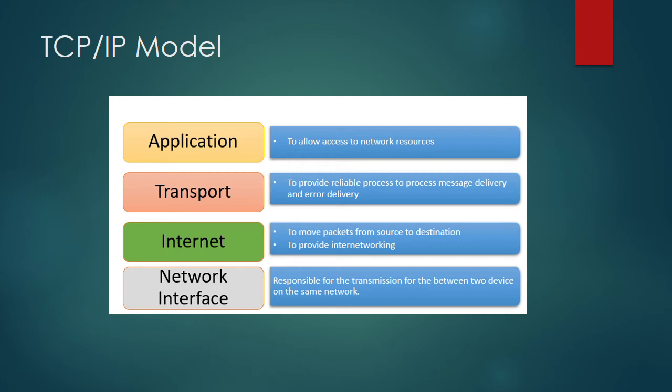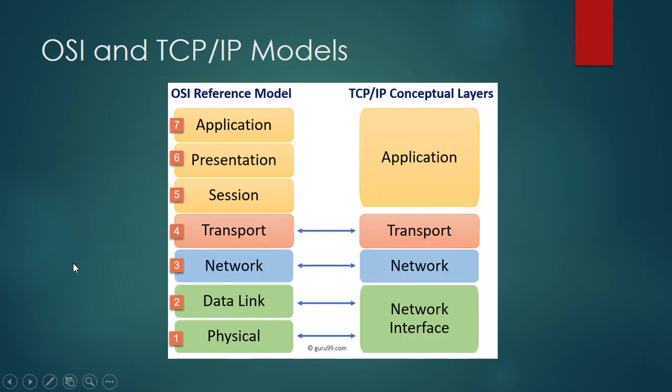So those are the main things we are considering in the TCP/IP model. And next we can see both models together, the OSI model and the TCP/IP model. In the OSI reference model there are 7 layers, and the TCP/IP model has 4 layers, but there are lots of common things in both.